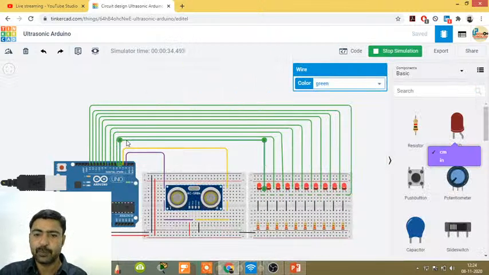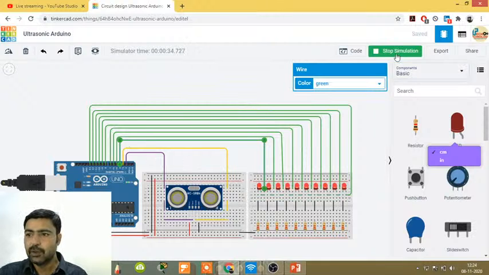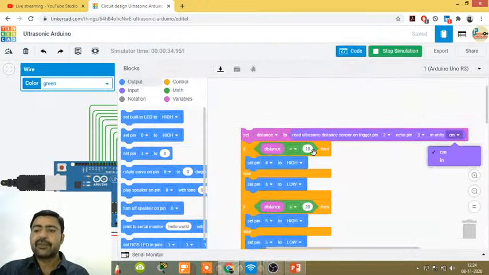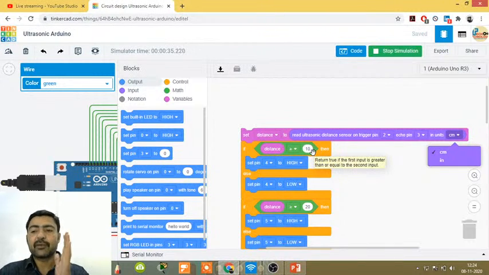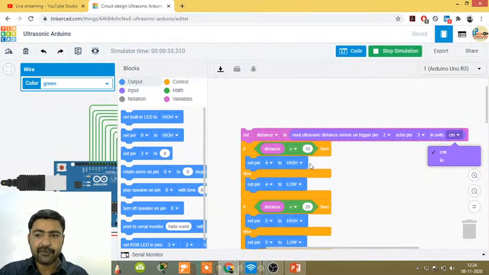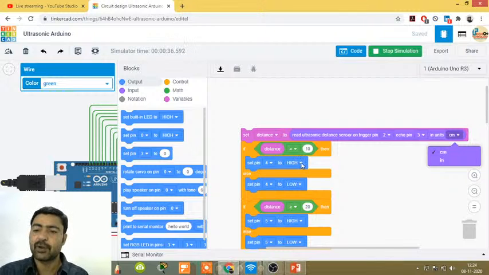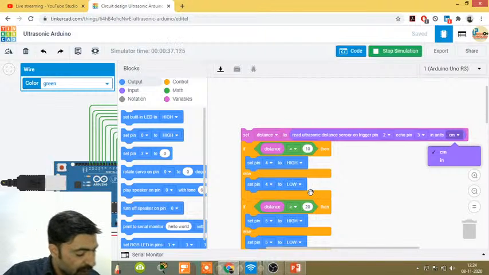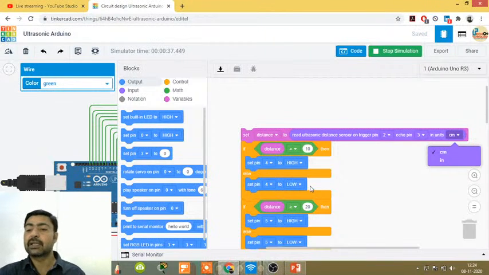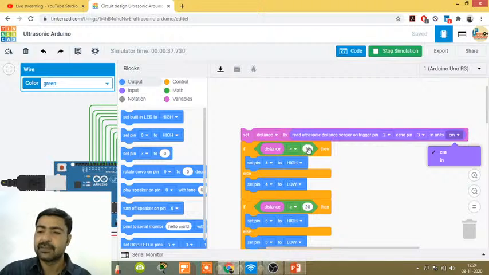This is connected to pin number 4. So if the distance is less than or equal to 10 centimeters, pin number 4 will actuate, or it will make the LED high. Otherwise, keep the LED low.